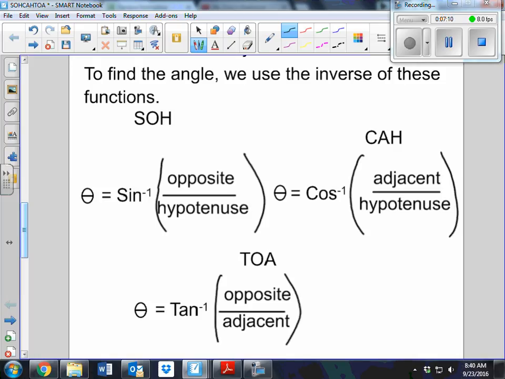So, for example, if I want to find a certain angle of the triangle, and I have the opposite side and the hypotenuse, I would simply hit second sine, and then I would put opposite divided by hypotenuse, hit enter, and that will give me the angle.